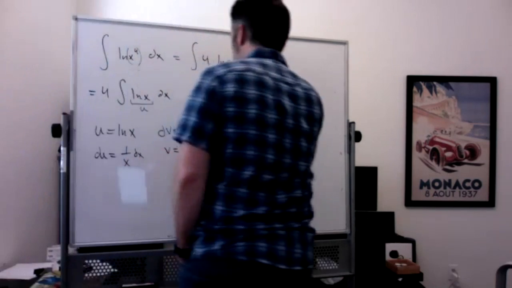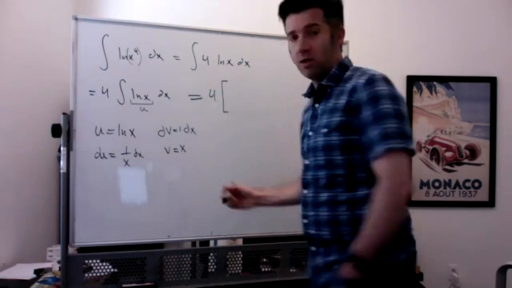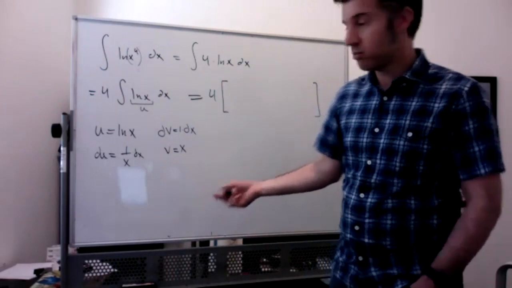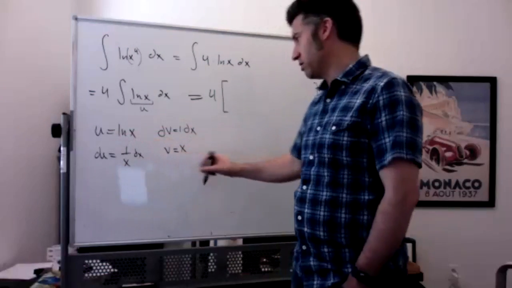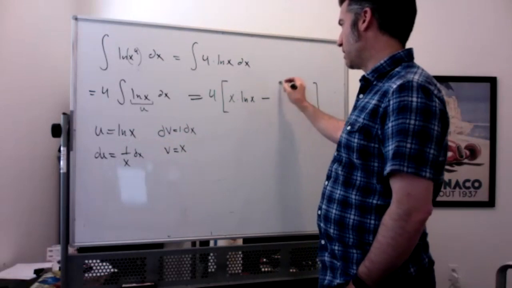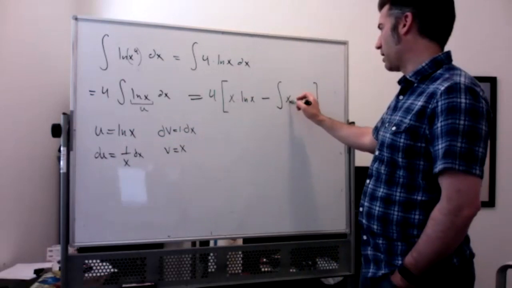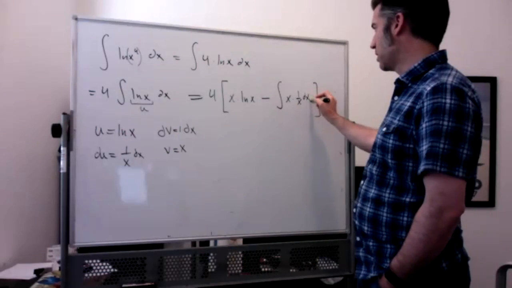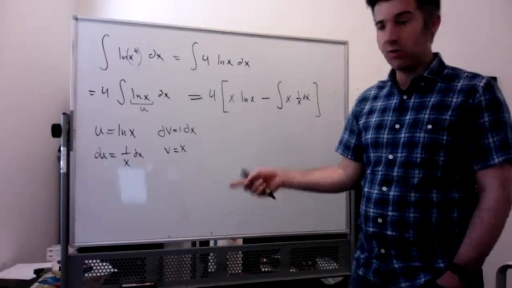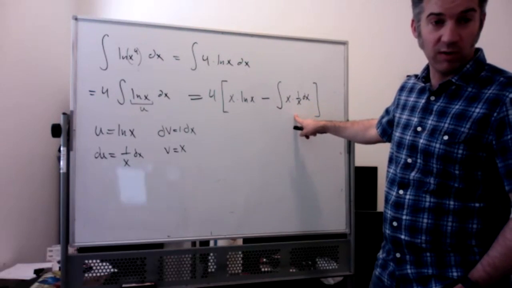So then this becomes 4 times your ultraviolet super voodoo. u times v, so x times natural log of x minus the integral of v du, x times 1 over x dx. Be careful. When you get to this stage here, you always want to simplify this integral as much as possible before you do anything else.